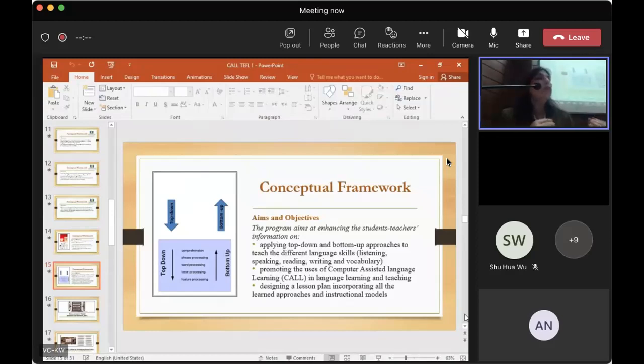We get the students to start from the fragments of the language, like phonemes or morphemes, and then start combining these phonemes and morphemes into words and sounds, and start interpreting them into phrases and then clauses or sentences, and so on. But at the same time, I need to get them to understand why we're doing this. I need to show them the big picture, why they are requested to do this activity, because research has proven that when the students are aware of what the end product is and what is required from them, their internal motivation is going to be increased and they will be more excited to perform the task with you, even if it's a game.